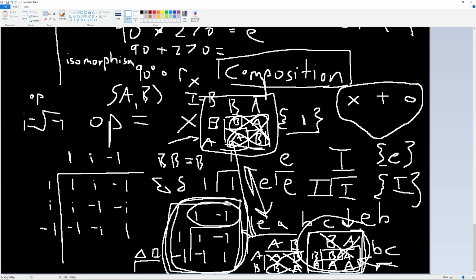It doesn't matter what your labelings are. The structure is the same. We have here a major diagonal, we have 2 diagonals. That's it. And so up to isomorphism, there is only one group of order 2. Up to isomorphism means regardless of your labeling, there's just one structure possible of order 2, where we have 2 elements.